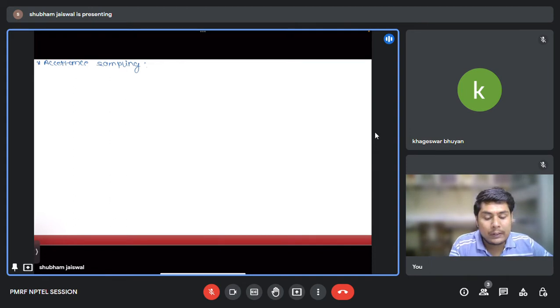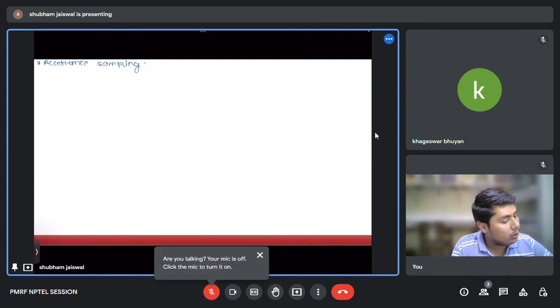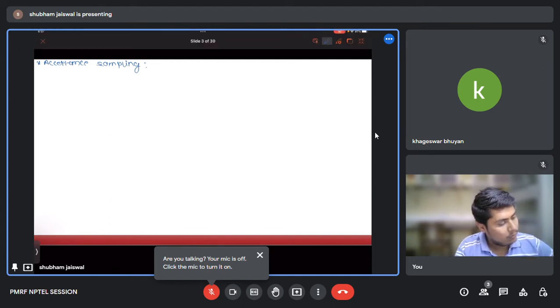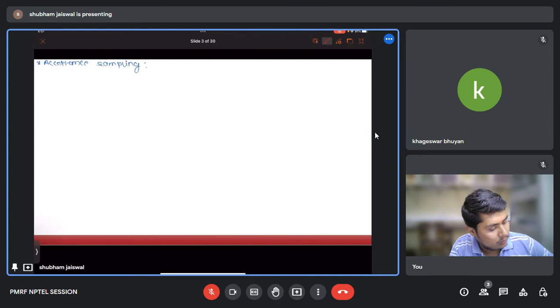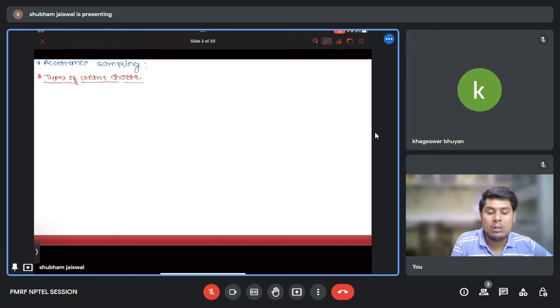After that we saw the types of control charts. Using these control charts, we can measure two different characteristics.